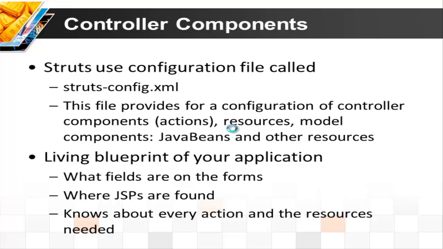It has everything. It has the list of fields that you are going to use, the list of JSP files for which you have to redirect the forwards, and the list of actions which are there within your entire Struts application. So that means it is the most crucial file within your application.